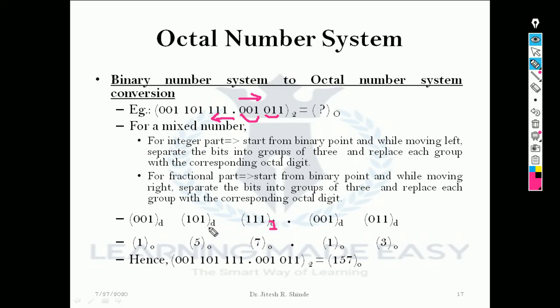For 101, what will be coming here? 5 octal. For 001, what should be coming here? 1. Here also instead of D, 7 should be coming here. A typographical mistake here.